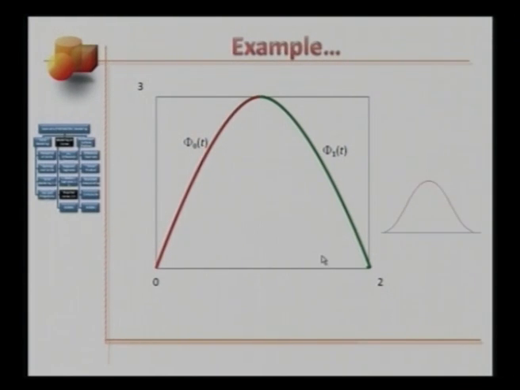We get a shape very similar to a bell-shaped curve. But I'm not saying that these would correspond to our basis B-splines. We'll still have to do a lot of work to be able to get nice looking well-shaped basis functions.